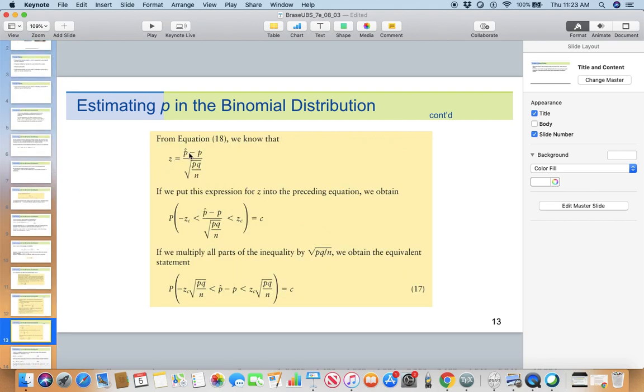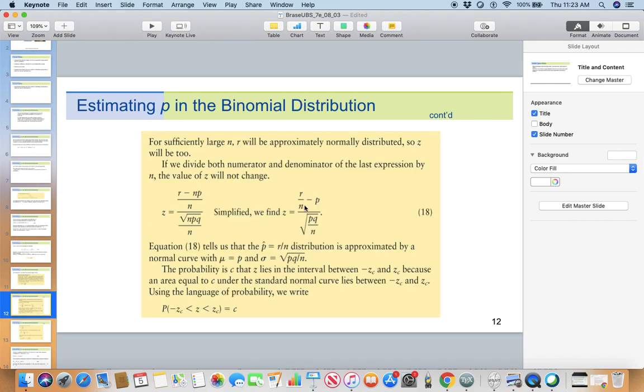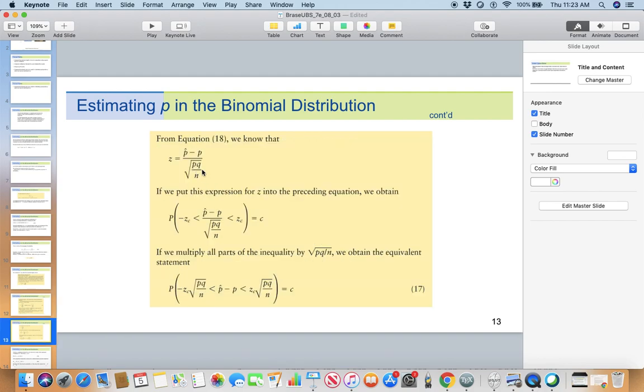So, Z is P hat minus P over square root PQ over N. We have just rewritten this with a P hat. So all of that is Z, between negative ZC and ZC, and the probability of that inequality is C.